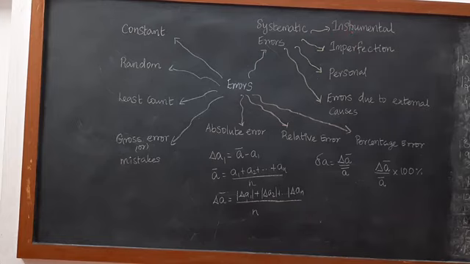How can we avoid these kinds of instrumental errors? We can use different instruments, or different methods, to rectify the instrumental errors. Moving on to the next one, imperfection in experimental technique. It is due to the limitation of the experimental procedure; the procedure itself has some limitation.